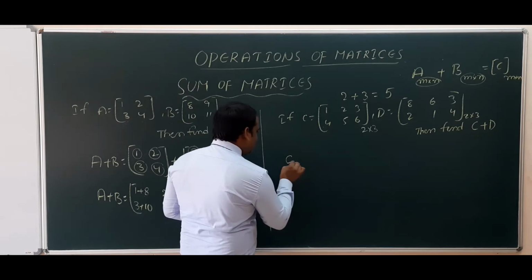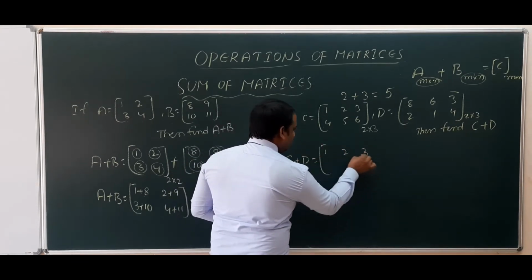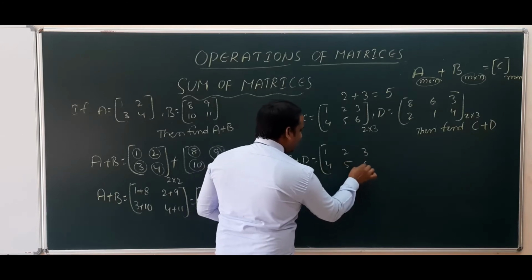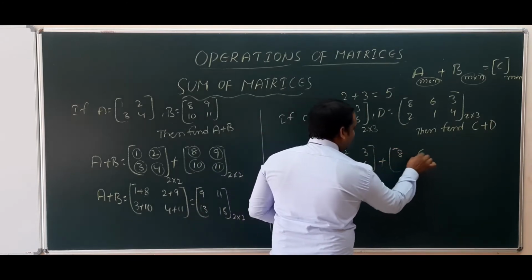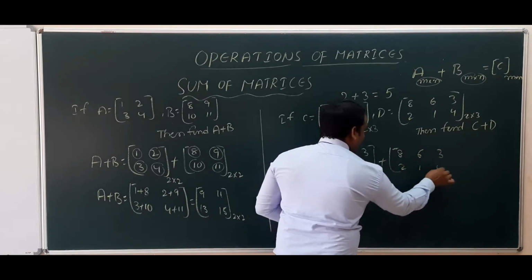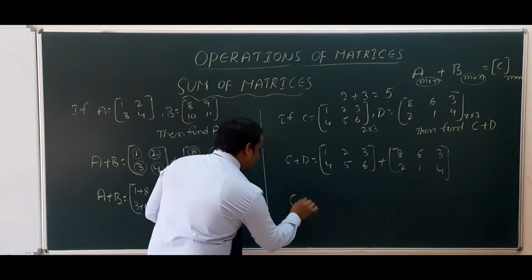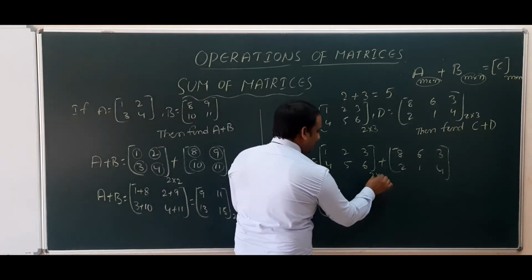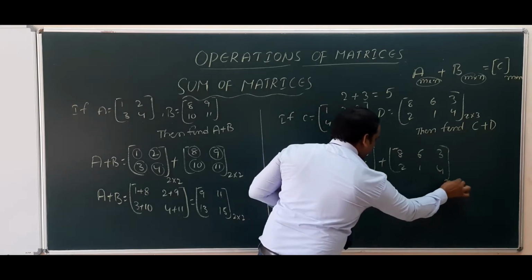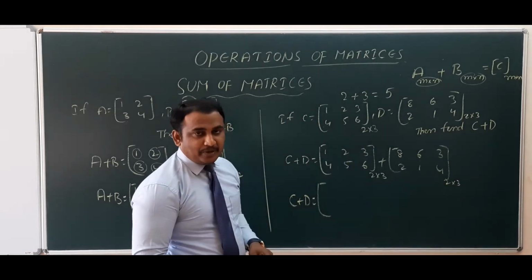Now we write C plus D equal to 1, 2, 3, 4, 5, 6 plus 8, 6, 3, 2, 1, 4. The first matrix order is 2 by 3, and here also 2 by 3. When the matrix order is the same, you sum the corresponding elements.